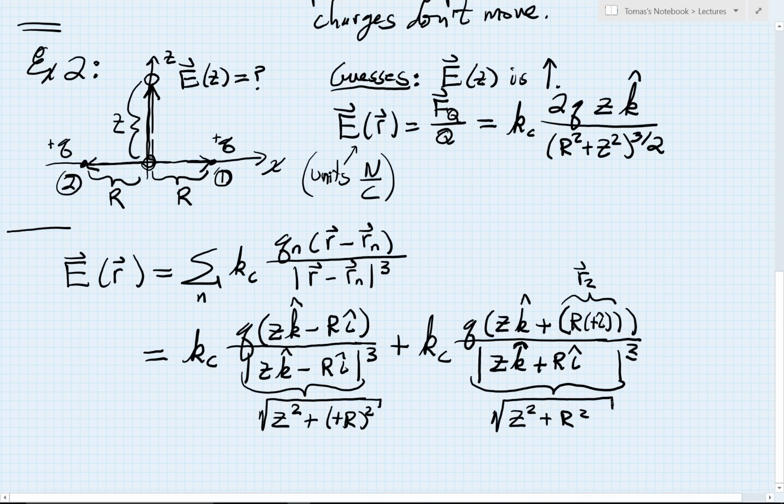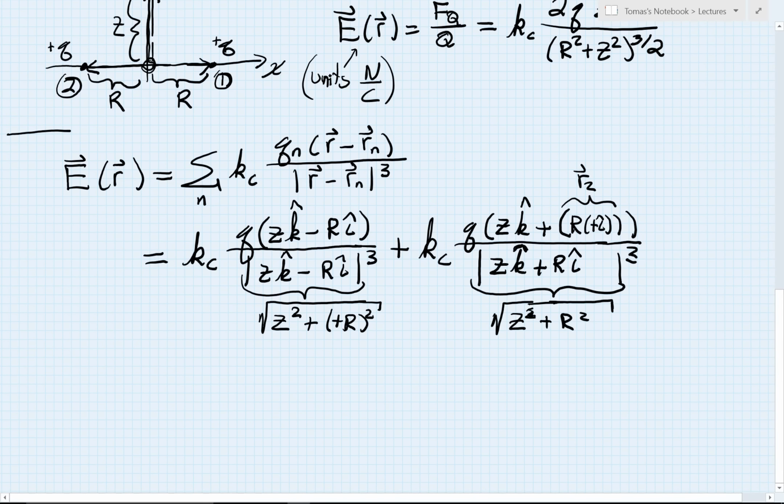So this then is interesting. I've got a lot of common factors between these two terms, k c and q, and they both have this same denominator, my favorite sum of squares to the 3/2 power. Given that, we know how to simplify things. Remember, neatness counts, and you always want to make as much algebraic simplification as possible.